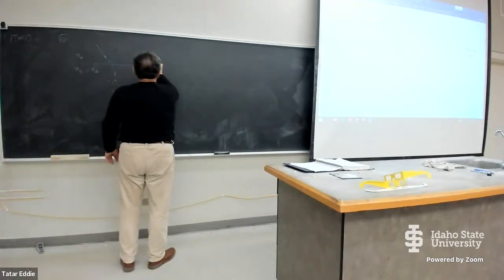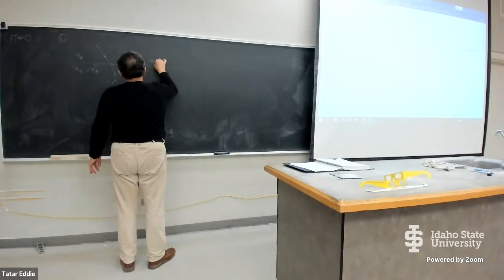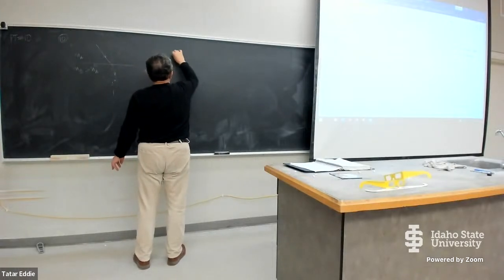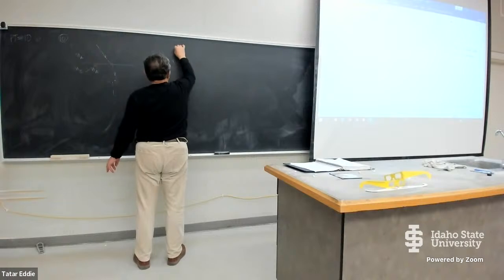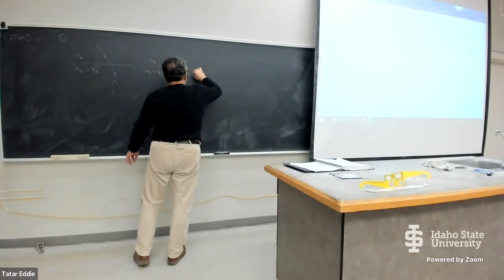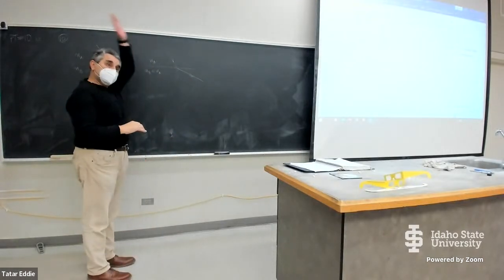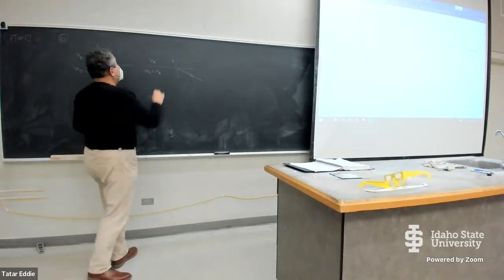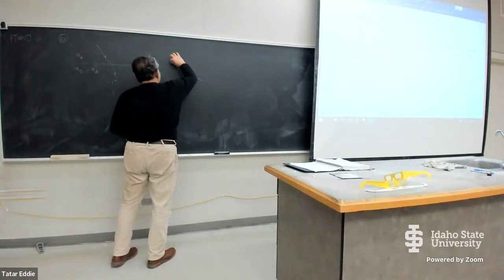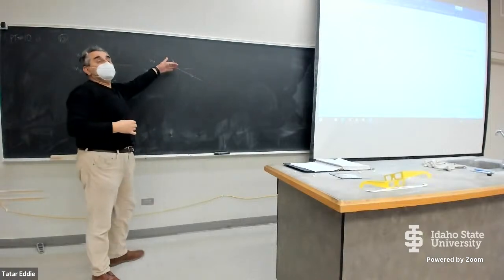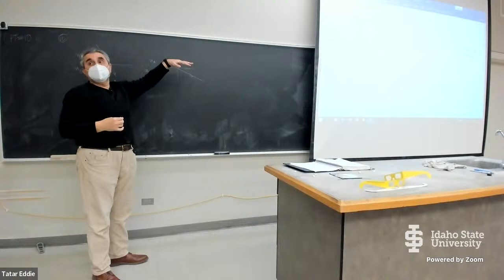In the opposite situation, when NB is smaller than NA, you have the following situation. Here is the incident light ray. And now the refracted light ray is going to be refracted away from the normal in this direction. If you increase the incident angle, eventually the refracted light ray wants to skim the surface.